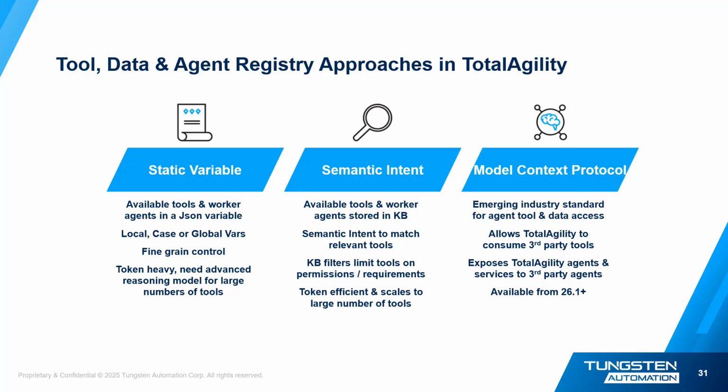We already support model context protocol within our chat agents in TotalAgility, and in our next release we'll be providing the ability to expose services within TotalAgility via our own built-in model context protocol server, and also to be able to consume those as part of our process. So we've already got support for this, and you're going to see more features coming in future releases.